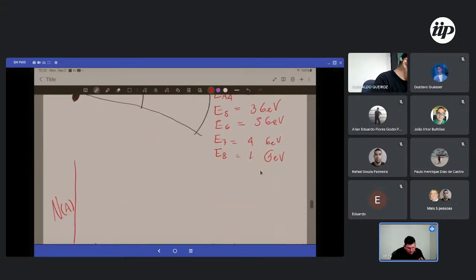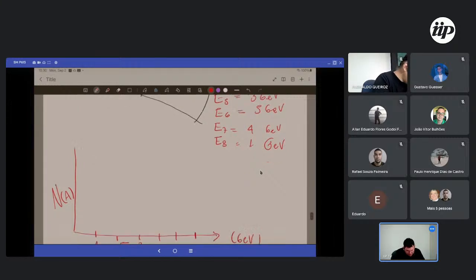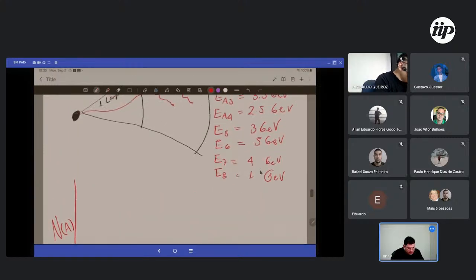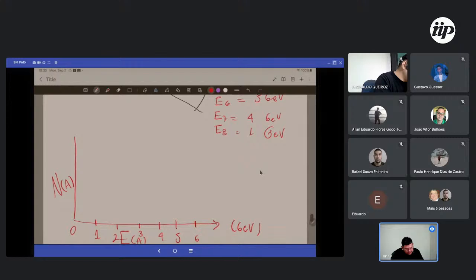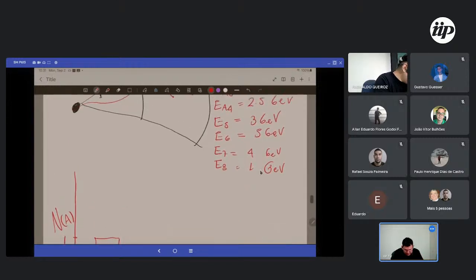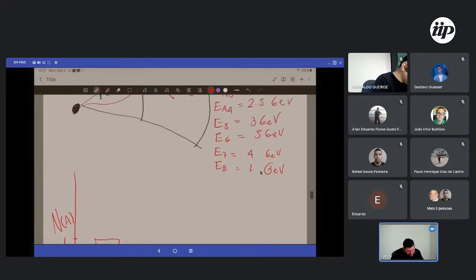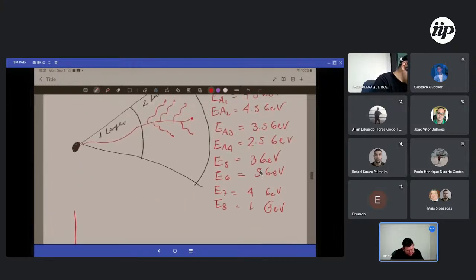Events, y events, photons. So for example, we have photons between 0 and 1. We don't have any, but we have only one photon between 1 and 2, that is the number 8 photon. And we have only one photon between 2 and 3 GeV, that is the photon number 4.